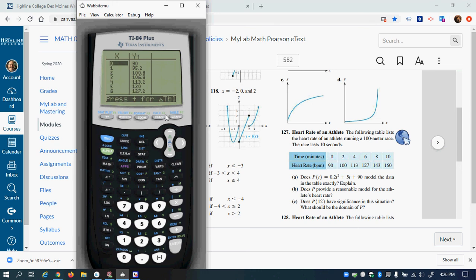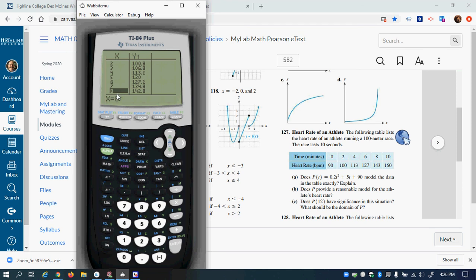But when you go to 2, it says 100.8, where this is 100. So a few of them are off. If I go to 4, it's 113.2. It says 113. If I go to 6, it's 127.2. It's 127.